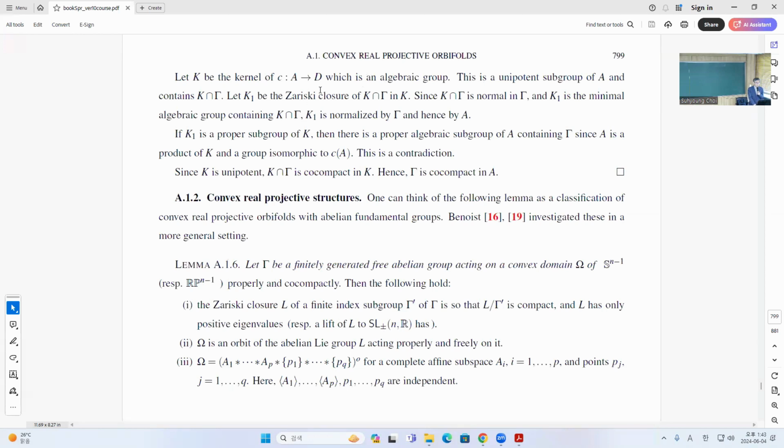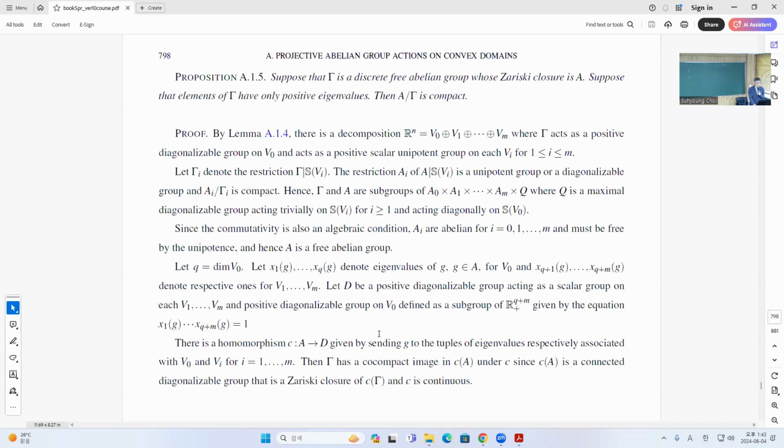right. So if you take the kernel of this group, then this is a unipotent group containing this, and so its Zariski closure is also normalized by gamma. So it's a proper subgroup. So there actually is a smaller thing. So this means that this is actually co-compact in K. Okay. Right.